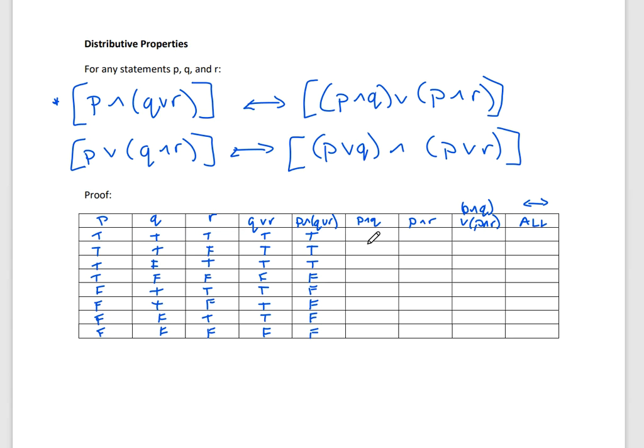Okay? And then we're going to work with our right-hand side now. So we have P and Q: true, true, false, false, false, false, false, false. Now P and R, we're going to have true, false, true, false, false, false, false, false.